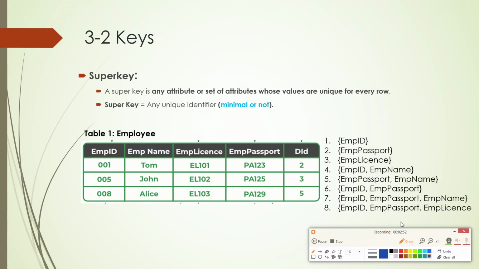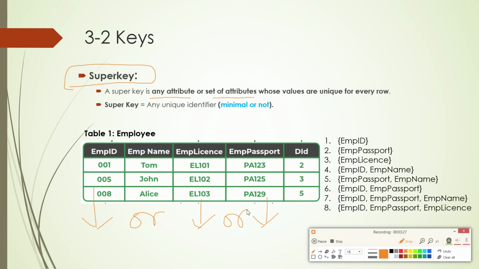Let's first take the example of the super key. So what is a super key? The definition of a super key is that it is any attribute or a set of attributes, which means a single attribute, for example, employee ID, employee license, employee passport, this one or this one or this one, or any combination of these attributes.